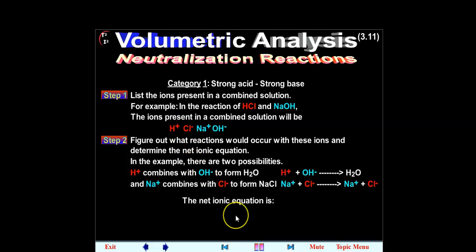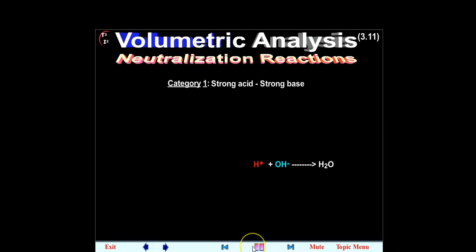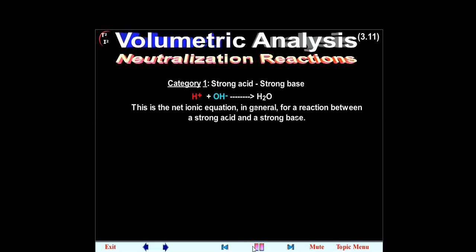The net ionic equation is H+ plus OH- becomes H2O. This is the net ionic equation in general for a reaction between a strong acid and a strong base.